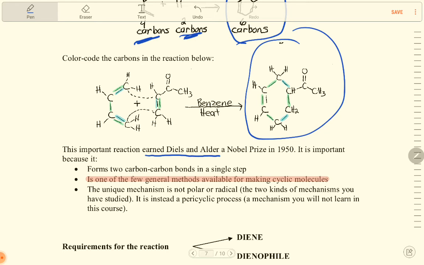Why is it important? Because it forms the ring in one step. It is one of the few general methods for making cyclic molecules, and it has a unique mechanism. It is not a polar or radical mechanism that you have studied, but instead a pericyclic reaction.